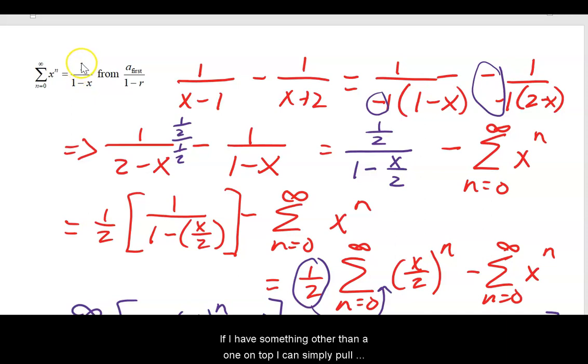If I have something other than a 1 on top, I can simply pull it to the front as a constant coefficient factor. This lets me rewrite the difference of the two fractions as 1/2 over 1 minus x divided by 2, minus 1 over 1 minus x, which is, of course, the power series formula. So it gives me the sum from n equals 0 to infinity of x to the n.